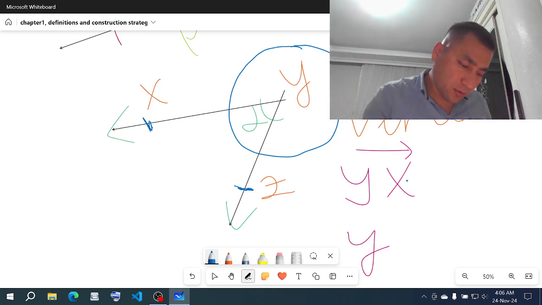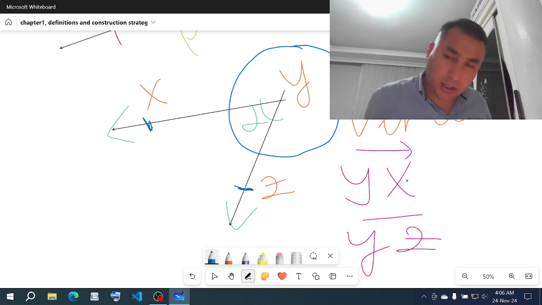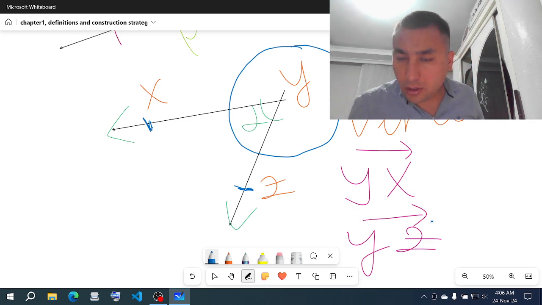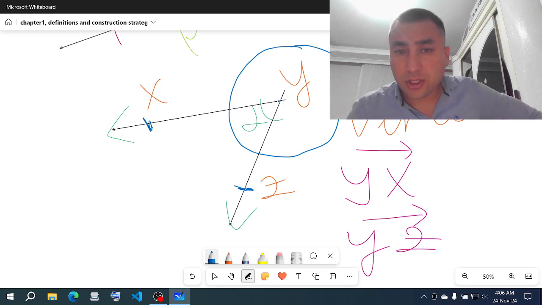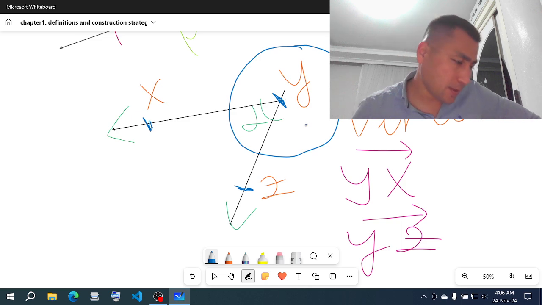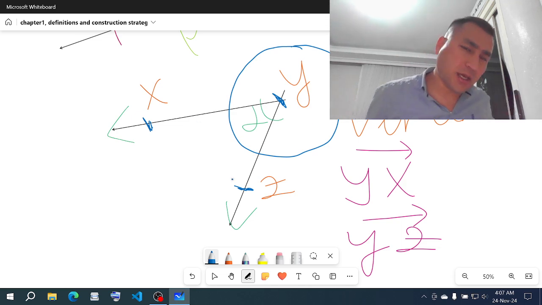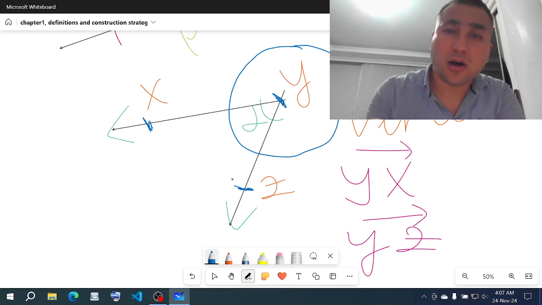Y to z, and again above you have an arrow. Those two lines or rays share a common intersecting point, and that's called the vertex. Okay, and yeah, we can denote this angle alpha.